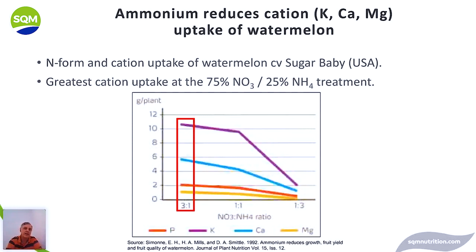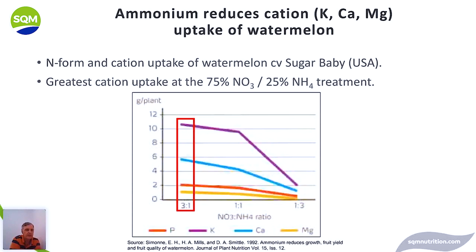And you can clearly see that as we decrease the amount of nitrate nitrogen, we decrease as well the uptake of potassium, calcium, and magnesium, as we saw before. Look at the first column, 3:1: the level of potassium is around 10.5. With the same amount of nutrients applied, but just changing the balance between the nitrogen sources, if you go to the last column, 1 to 3, you see that from 10.5 we drop to 2.